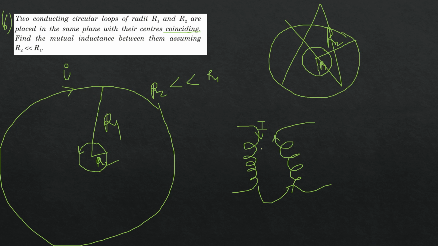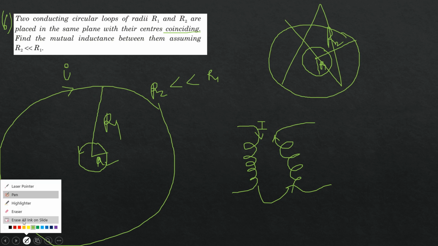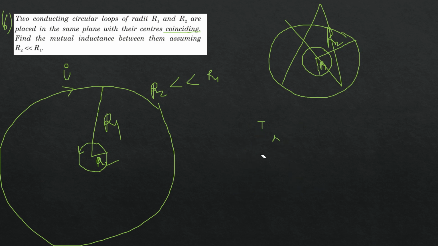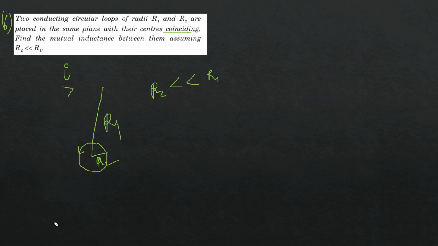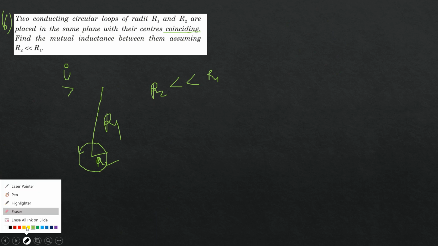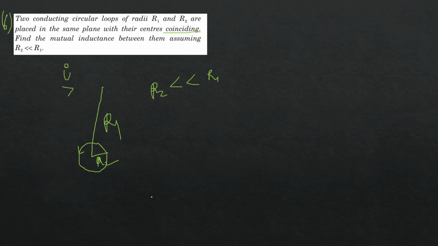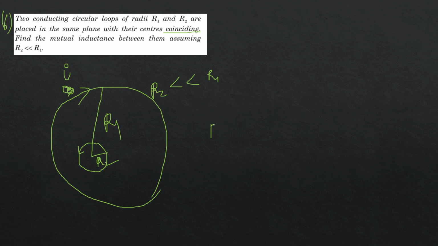So what will be the magnetic field because of it? We have to write the magnetic field because of it. Sorry for the diagram. I'm not good at diagrams. If we write the magnetic field for this one, what is the magnetic field for a circular loop?